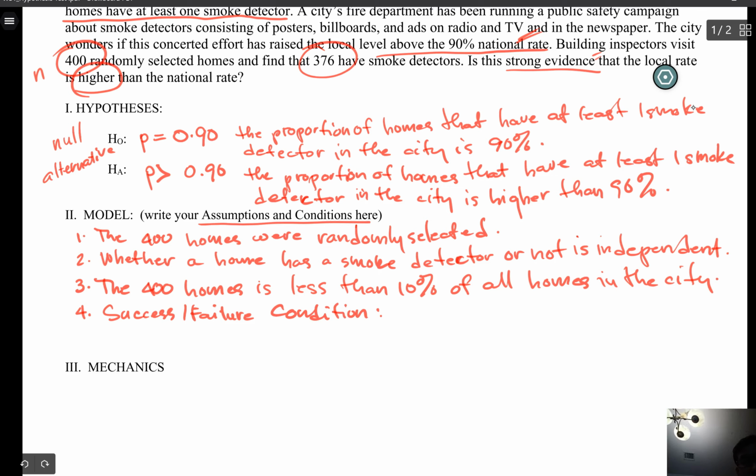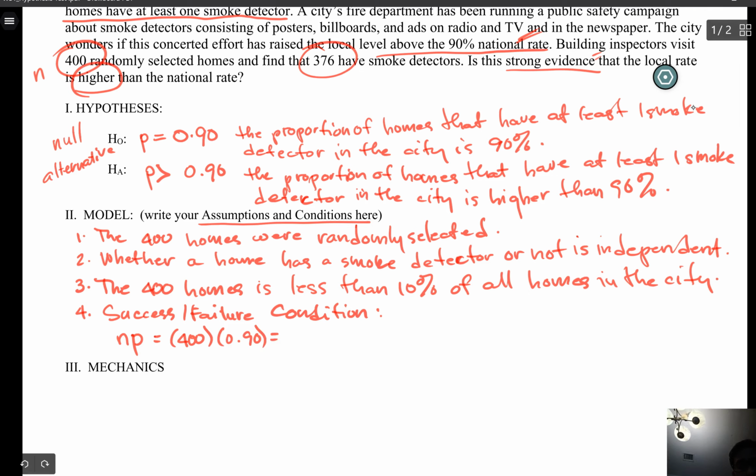Okay, and lastly, we got the success-failure condition. We are going to compute that. The number of successes should be greater than 10. We can get that by solving for n times p. Our n is 400, our p is 0.9.